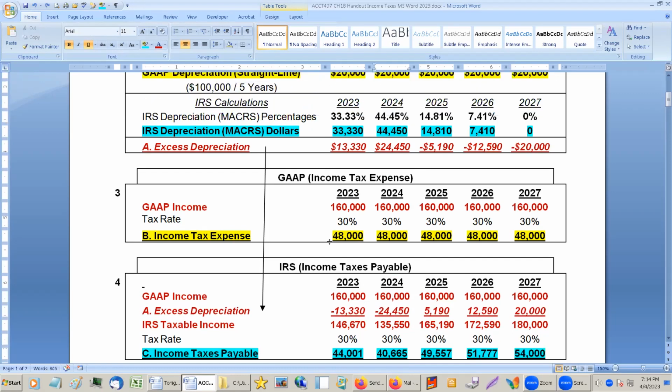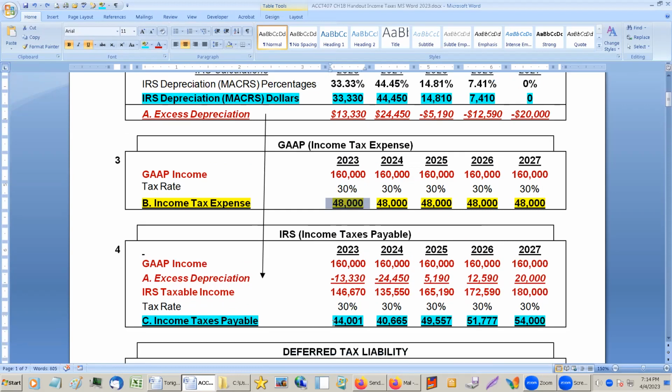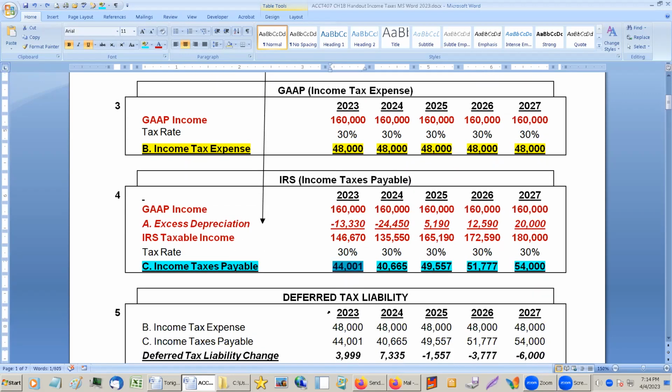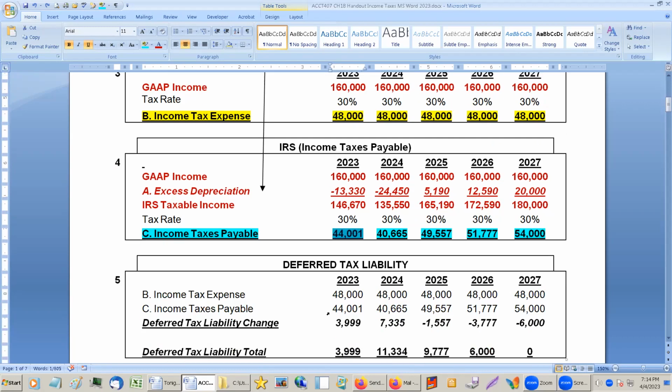Notice there's a difference here. Our income tax expense is 48,000. Our income taxes payable is only 44,100. So we have a deferred tax liability change of this.